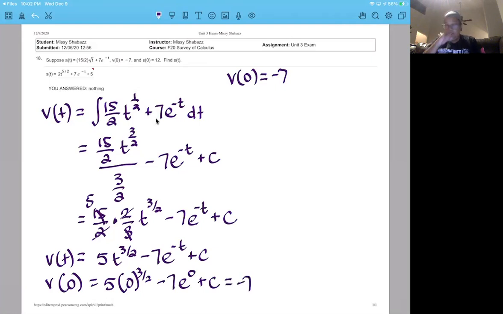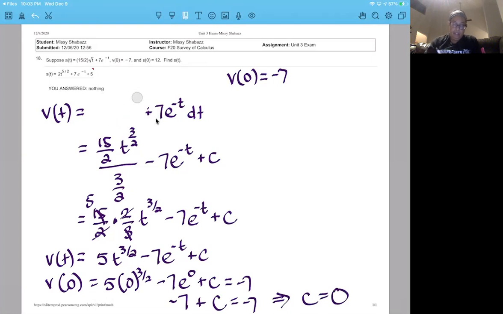Well, e^0 is 1, so I have -7 plus c equals -7, which means c is exactly 0. So my velocity function is now 5t^(3/2) minus 7e^(-t).